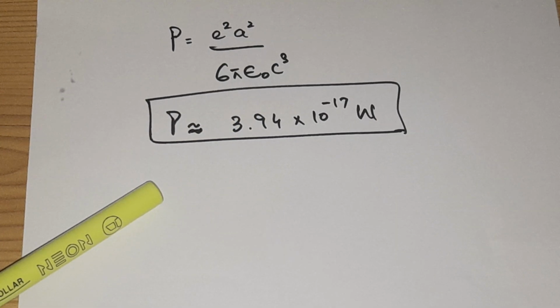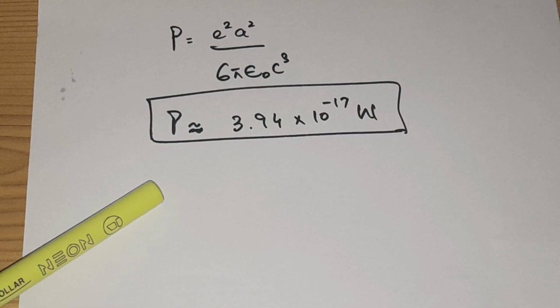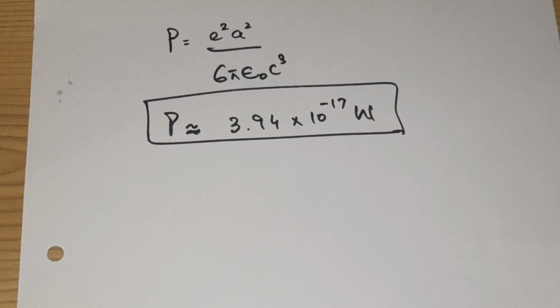Substituting the values in this formula gives the power radiated by the electron as 3.94 × 10^-17 watts. So the electron continuously radiates electromagnetic energy.